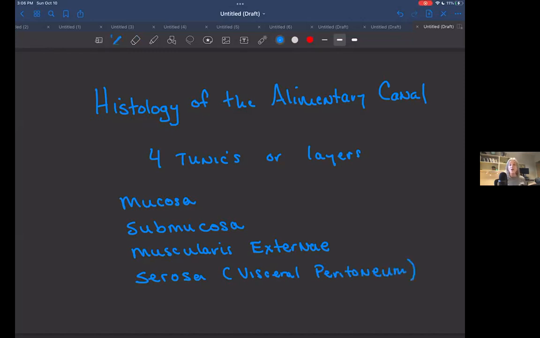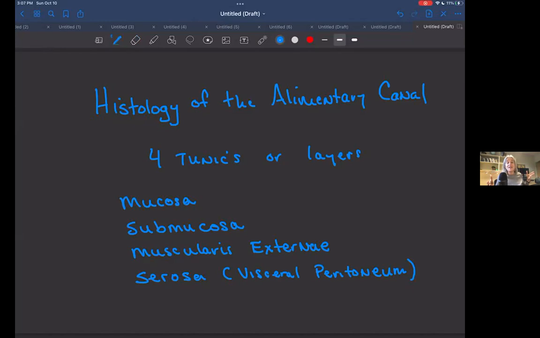So most of our organs sit in the peritoneal cavity, and so that's why it's the visceral peritoneum. And that is connective tissue that lines the organs. And then the parietal peritoneum would be the tissue that lines the inside of the cavity.